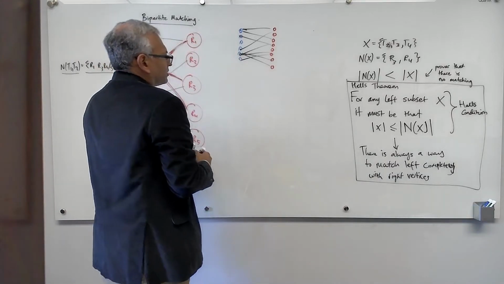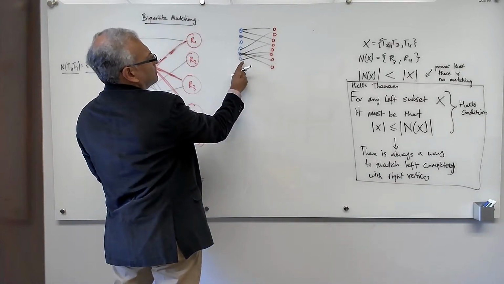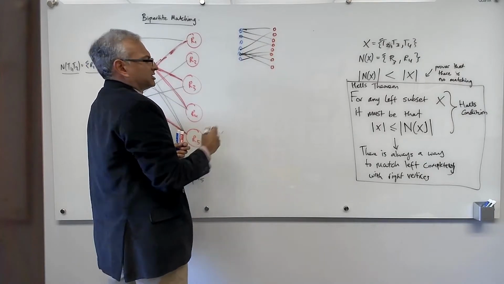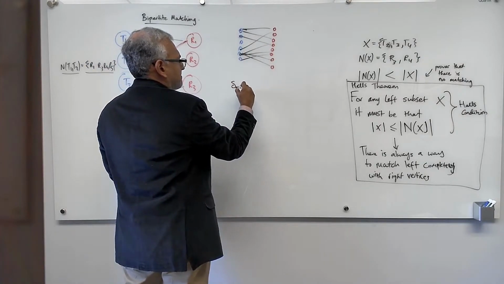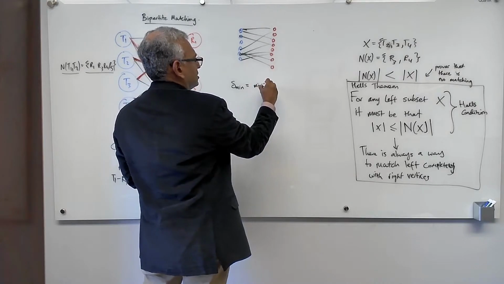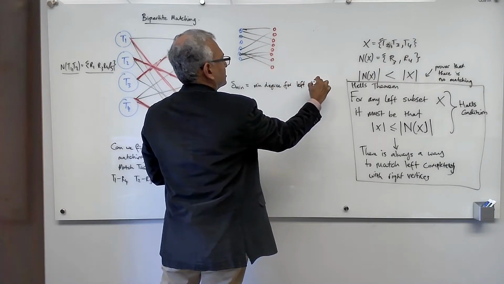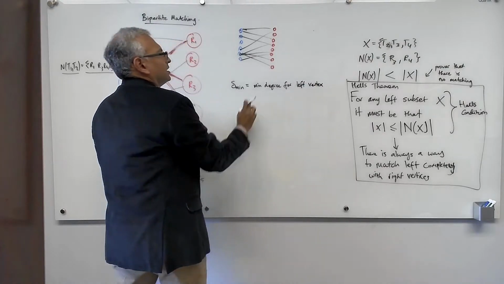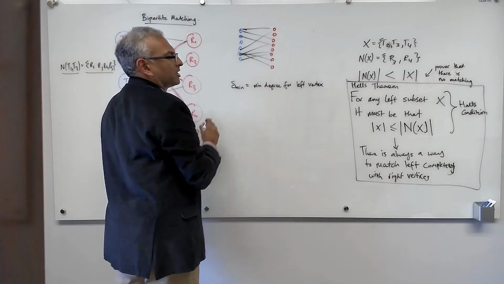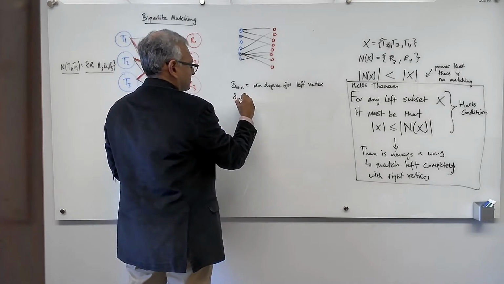What you can do is look at the minimum degree for a left vertex. Let's call that delta min, the minimum degree for a left vertex. Now you can look at the maximum degree of a right vertex, delta max.